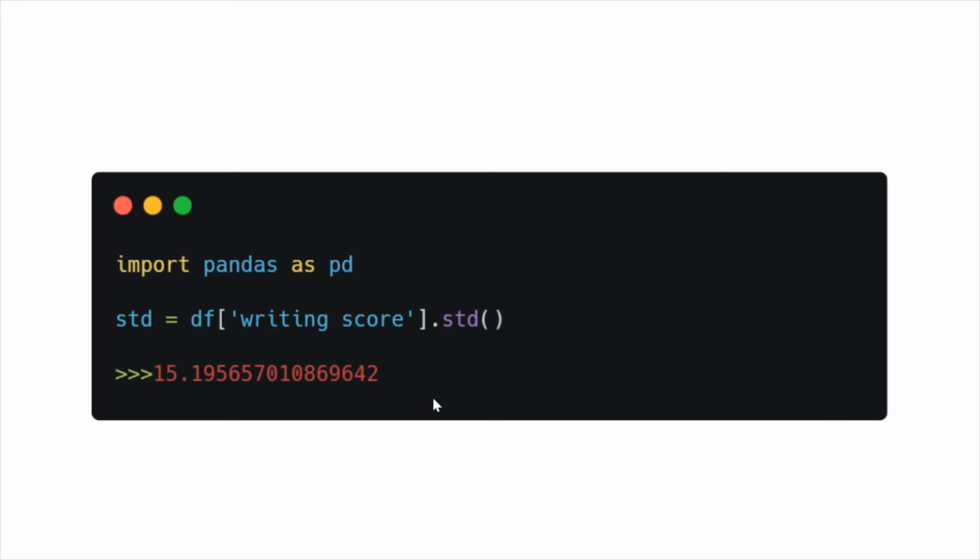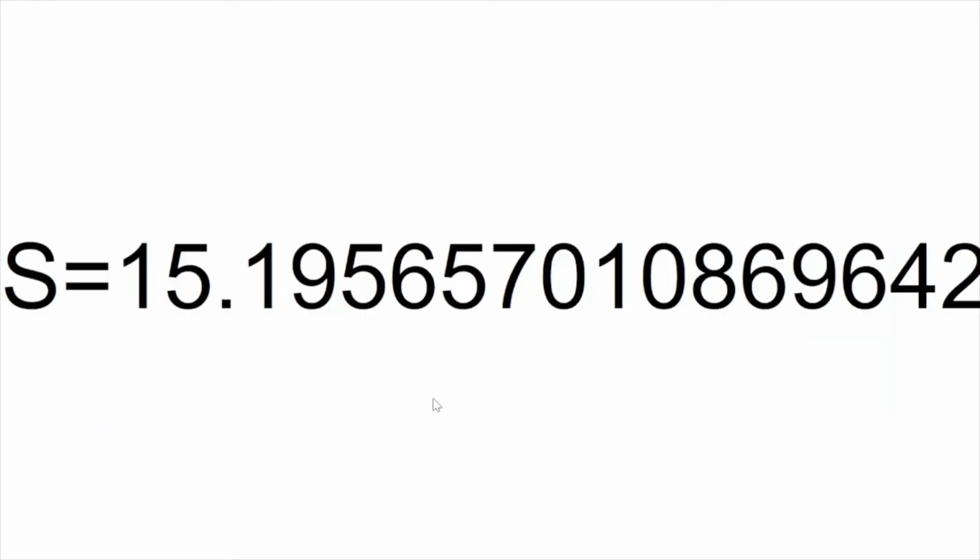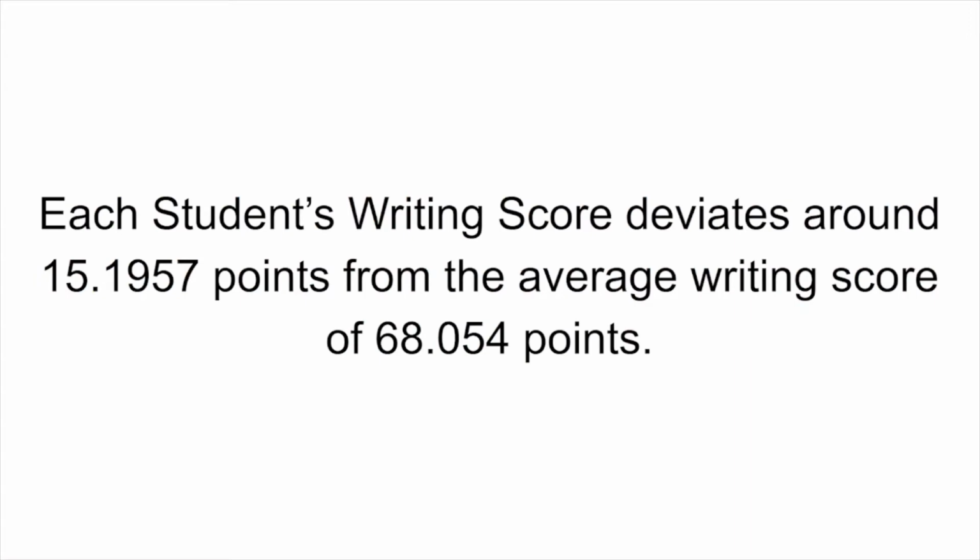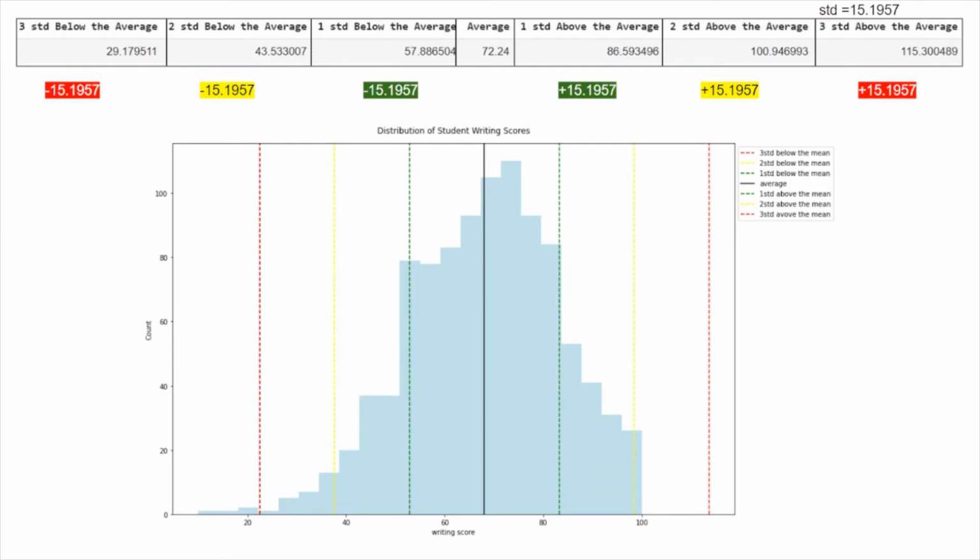So that's 15.1957 rounded. What does this mean in context? This means that each student's writing score deviates around 15.1957 points from the average writing score of 68.054 points. Now, this is the standard deviations plotted.